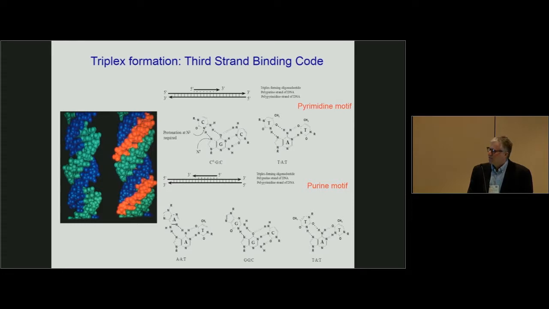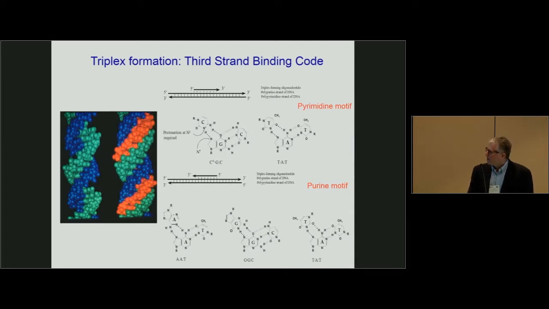And the reason is, first of all, triplexes only form at regions of purines on one strand and pyrimidines on the other. And depending on how many A's versus how many G's, you can have 2 different motifs, a pyrimidine motif or a purine motif as illustrated there.